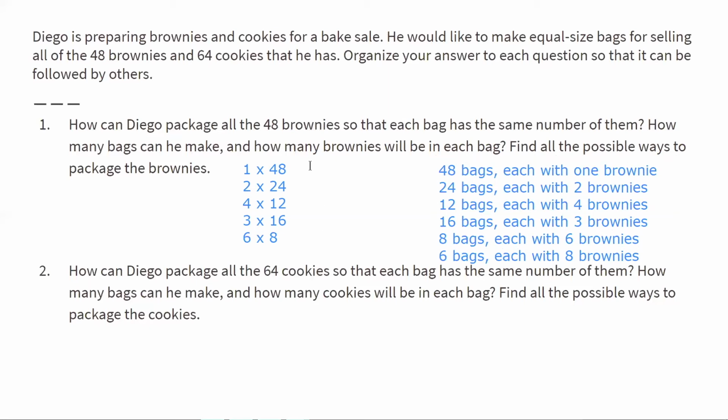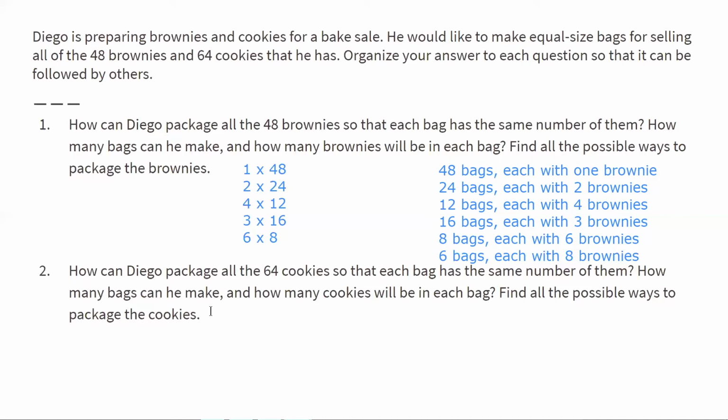So we found all of our factors of 48, and we were able to make so many different combinations of bags and brownies. We want to do the same thing with the 64 cookies. So how can he package all of these 64 cookies so that each bag has the same number? And we want to list the number of bags and the number of cookies.